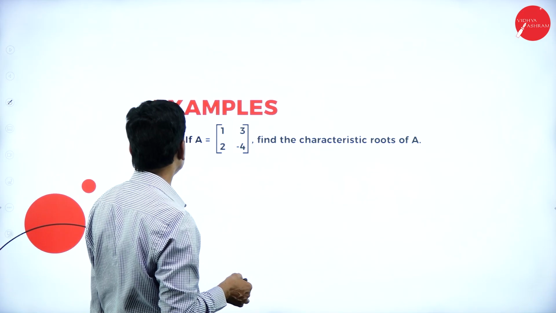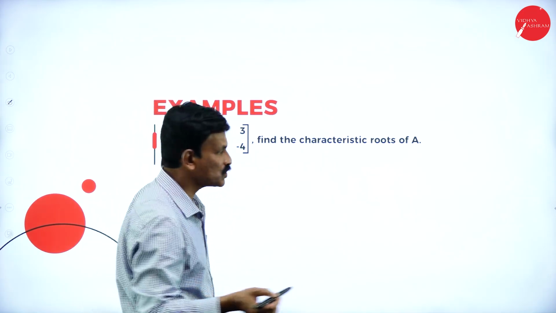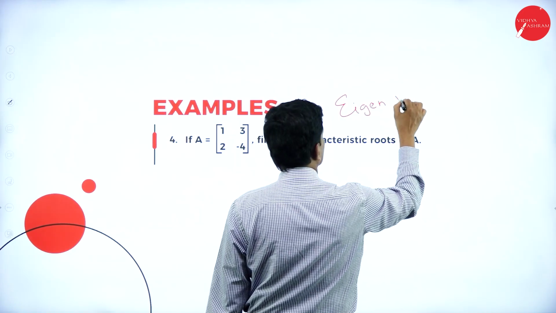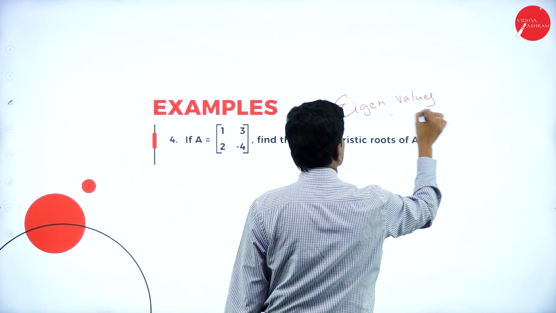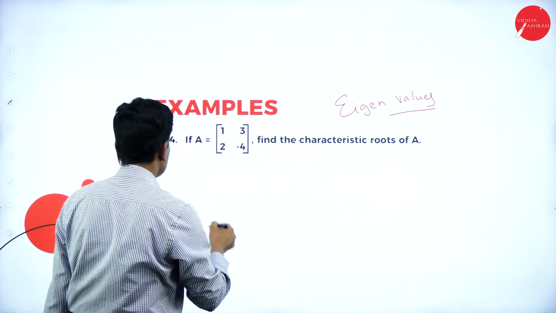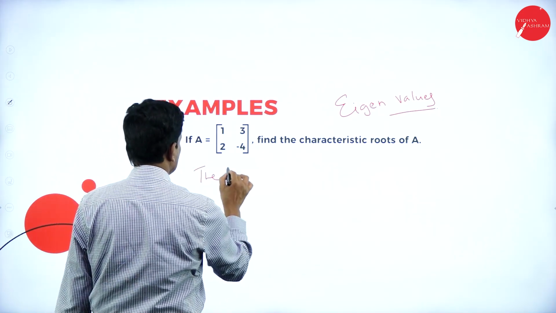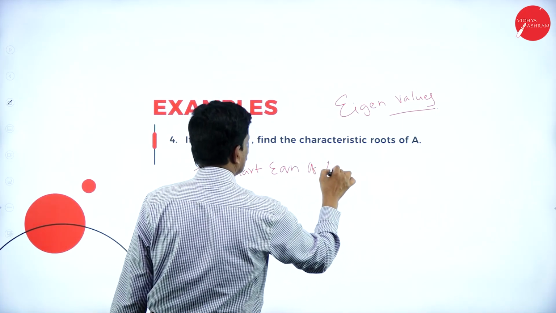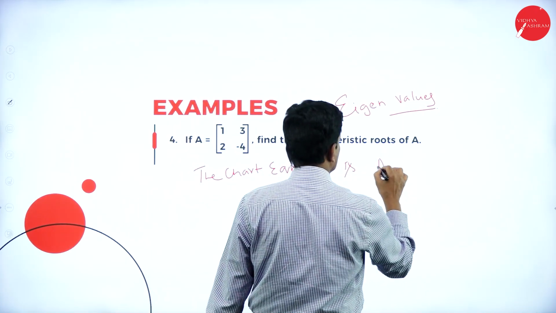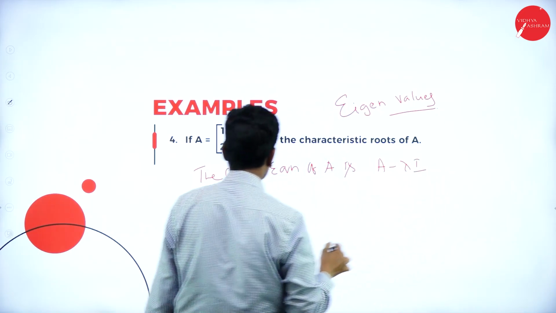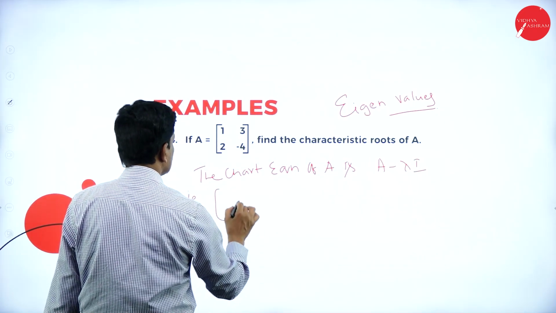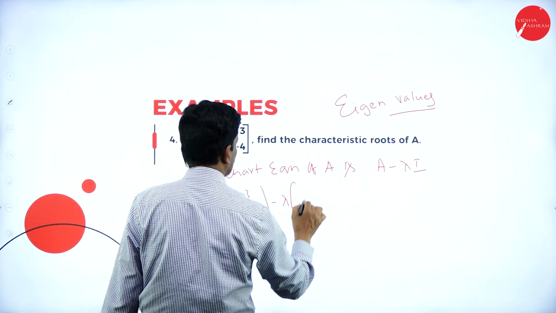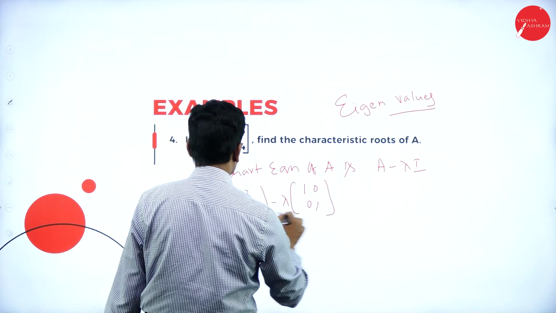Move on to the next problem, fourth problem. If A is equal to [1, 3; 2, -4], find the characteristic roots, also called the eigenvalues. Just as usual, the characteristic equation of A is A minus lambda I. What is A? [1, 3; 2, -4] minus lambda into [1, 0; 0, 1].